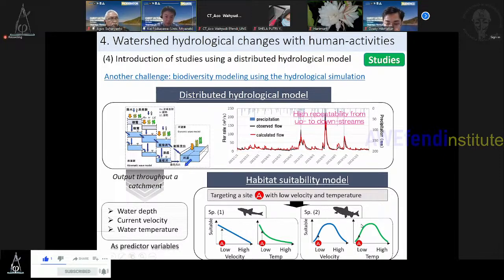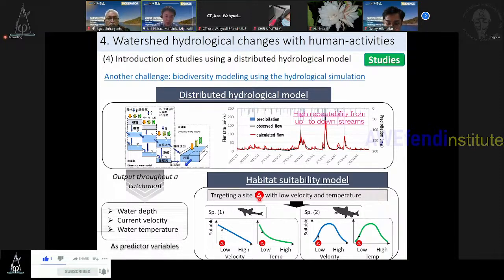In this example, for species 1, if the current velocity is low, it is suitable for this species. And if the temperature is low, it's also nice for this species. So this is the model, and we have environmental conditions, including water depth and current velocity, so we can predict the habitat suitability at any point.